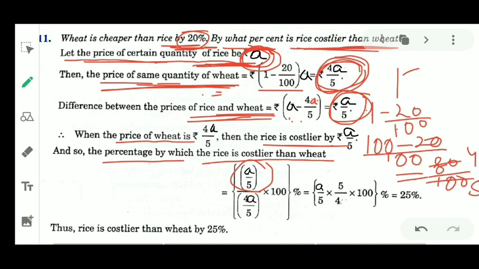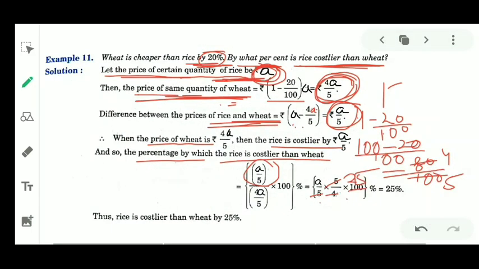Equal to A by 5 into 5 by 4A into 100%. 5 cancels here. 100 by 4 gives you 25%. So rice is costlier than wheat by 25%.